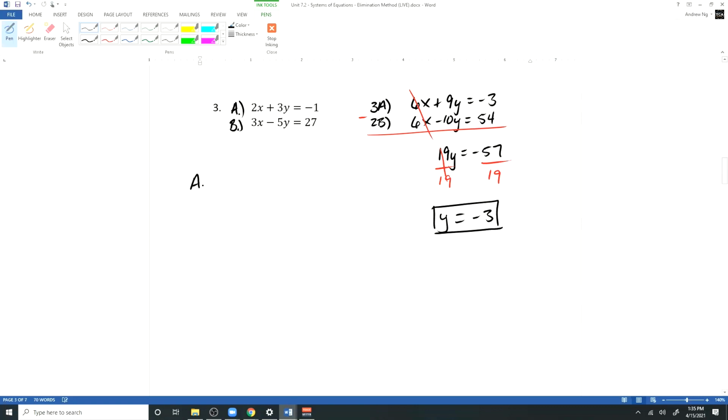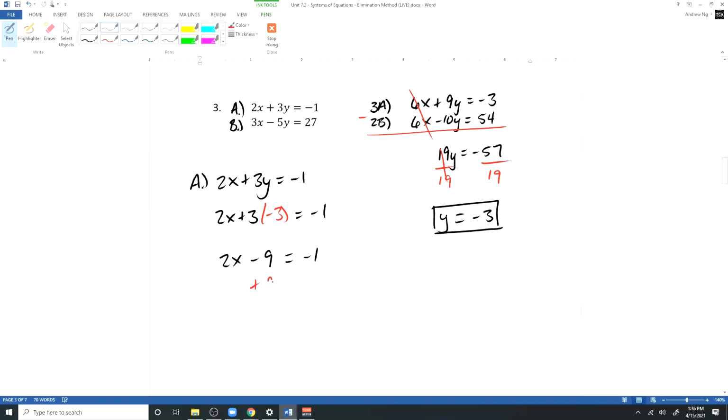Here, I think equation A might be a little easier just because they're a little smaller numbers. So over here, we'll do equation A, which is 2x plus 3y equals -1. But now, y equals -3. So 2x plus 3 times -3 equals -1. 2x minus 9 equals -1.